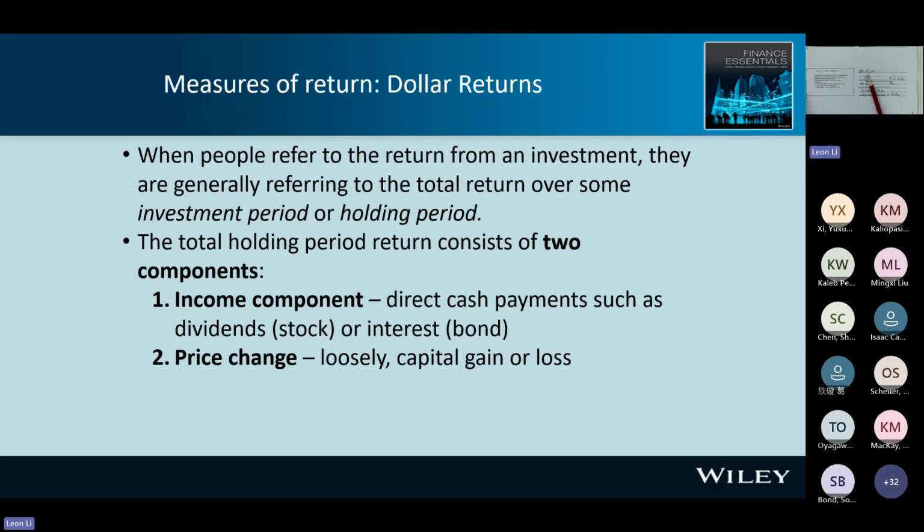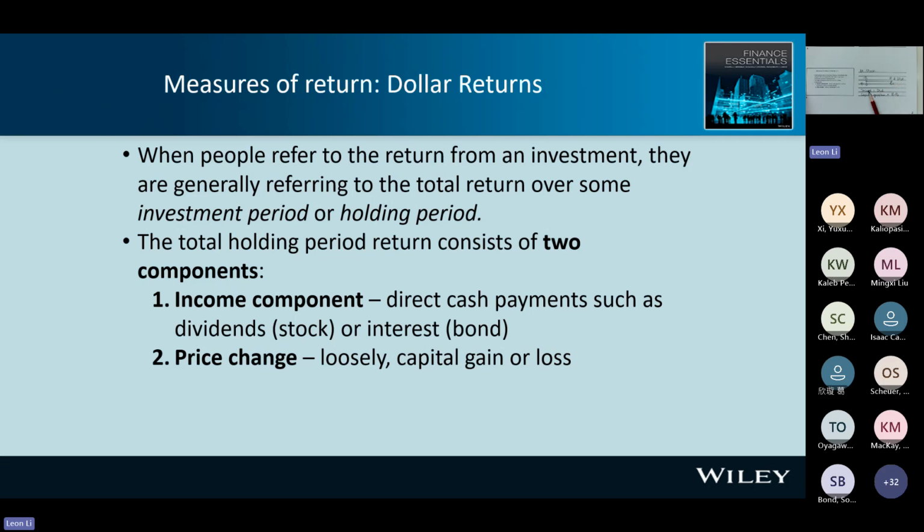So you buy the stock at P0, an outflow of negative P0, and you hold the stock for 1 year. At year 1, you sell the stock to receive P1. And over the 1 year period, you receive the dividend.